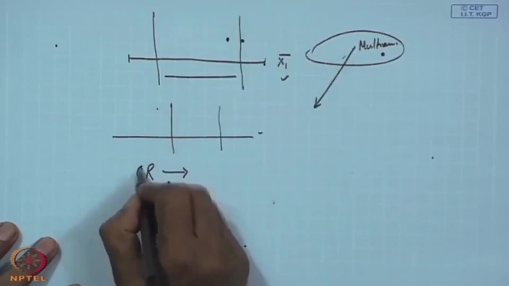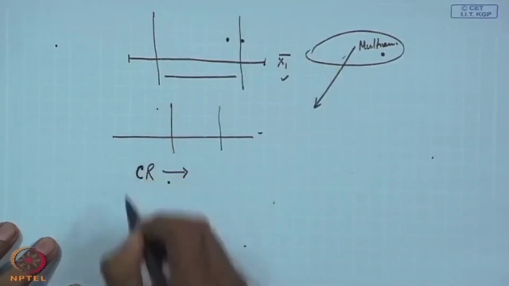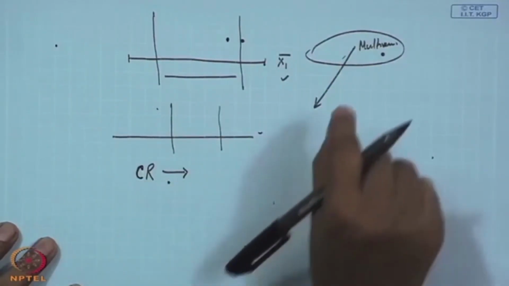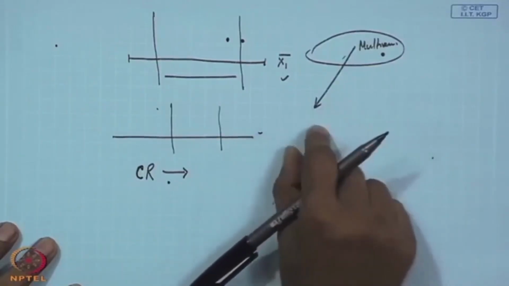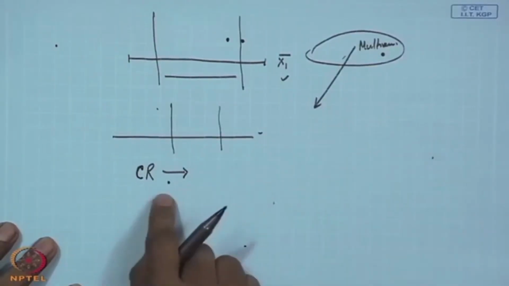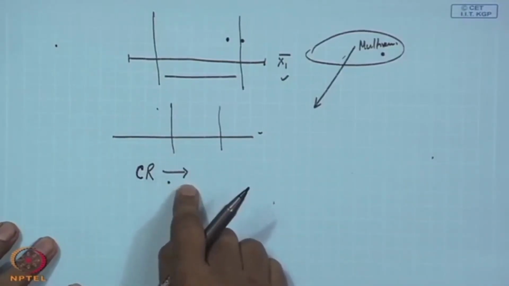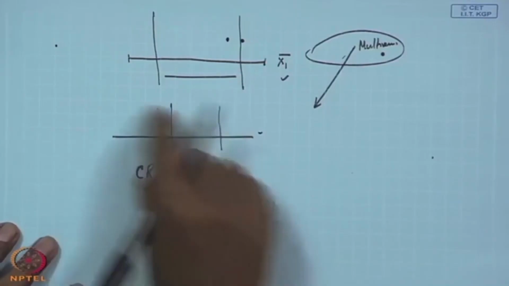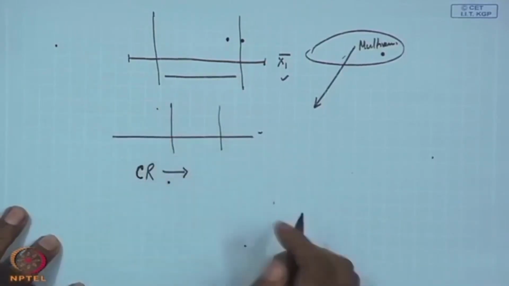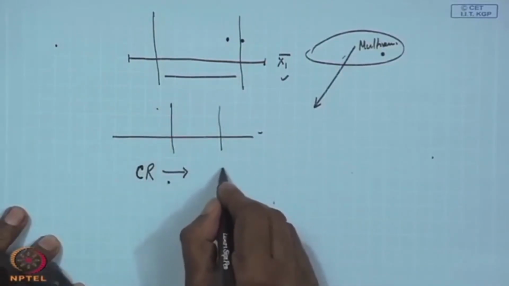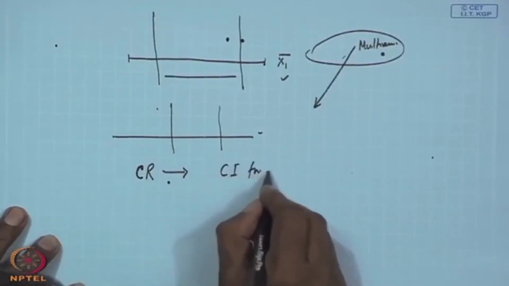Now, once you have the confidence region, suppose one observation is out of control or an outlier, then what is required to be known is which variable is responsible for this. Then you cannot do anything with this region, you have to go back to confidence intervals for each of the variables.